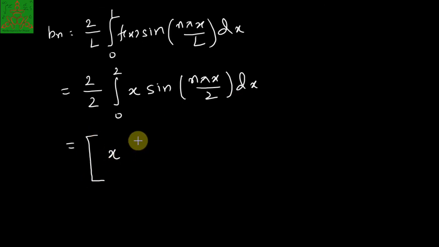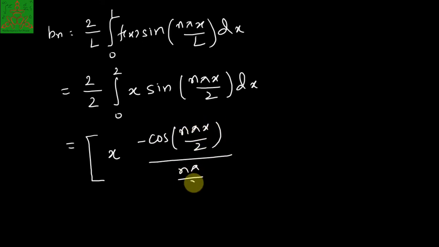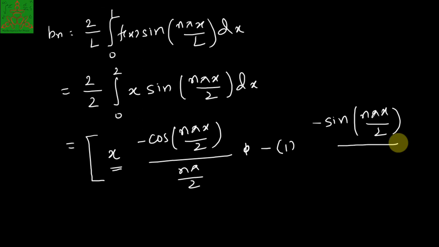So x as it is, the integration of sine will be minus cos n pi x by 2 upon n pi by 2. Then it is minus, the derivative of x will become 1, and integration of all this quantity will become minus sine n pi x by 2 upon n pi by 2 whole square. The limit is 0 to 2.